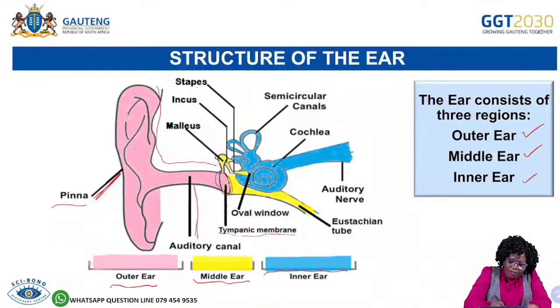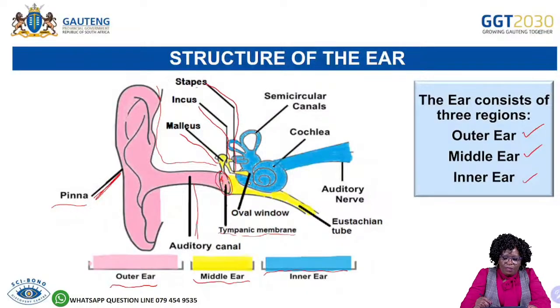We do have this first bone that is more attached to our tympanic membrane, and that is the malleus, which is very close to it. We've got the incus. And we have got this last one there, and that is the stapes.